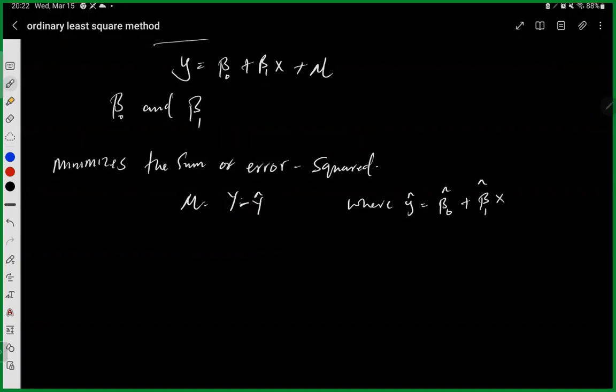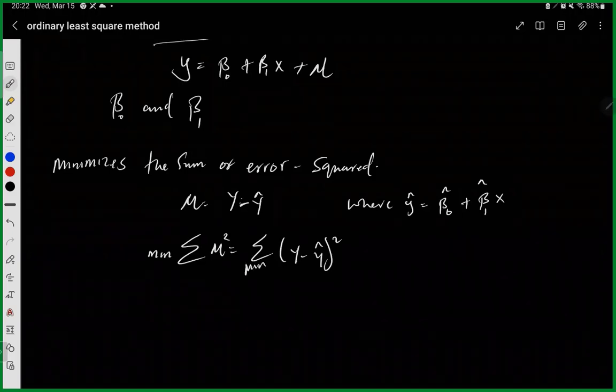So if we're minimizing the sum of error squared, we are minimizing the sum of y minus y hat, squared. This is what we mean.